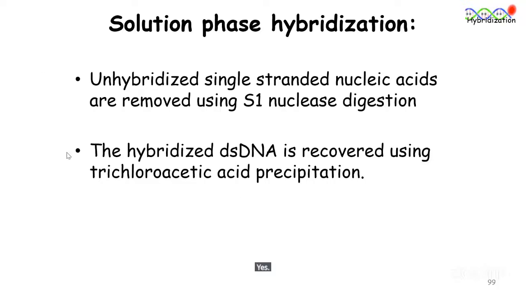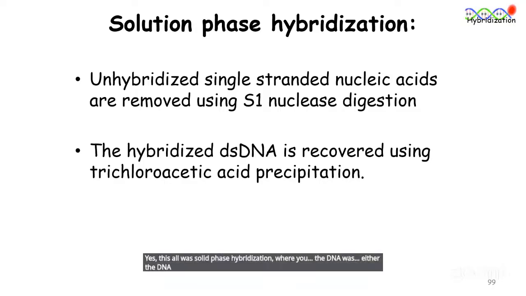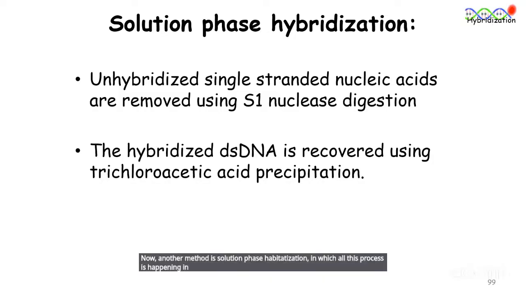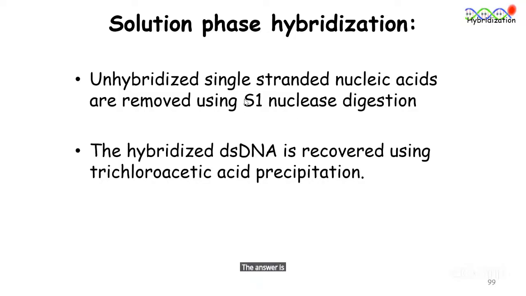Yes, this was all solid phase hybridization, where either the DNA or the probe was bound to a solid phase. Now, another method is solution phase hybridization, in which all this process happens in a tube, in a solution. But how will we wash away the excess probe in it? The answer is we use S1 nuclease digestion.